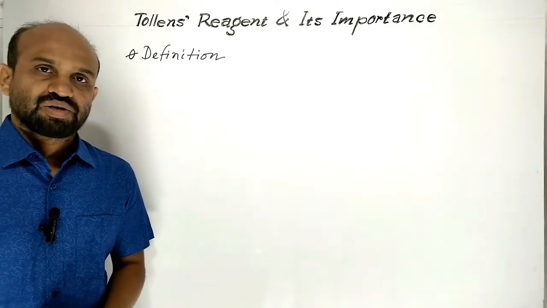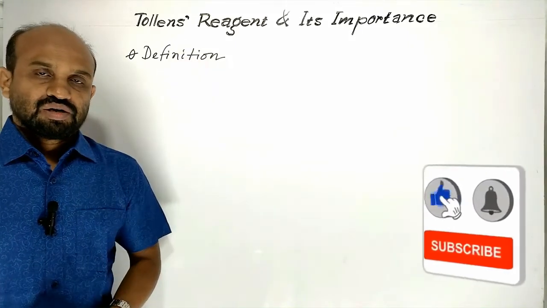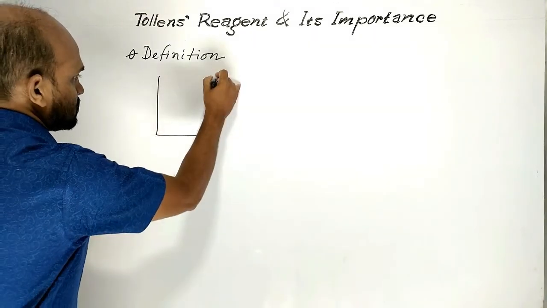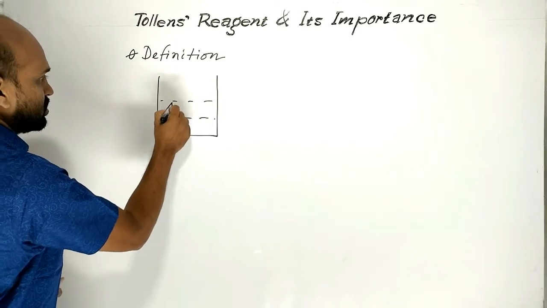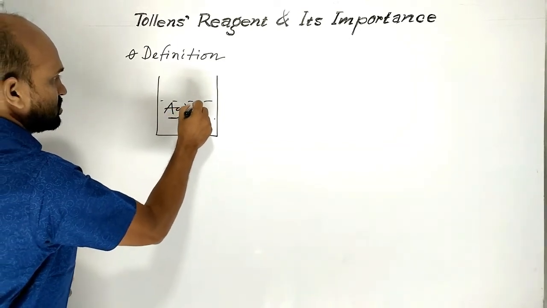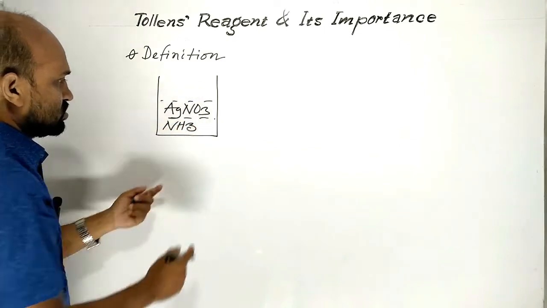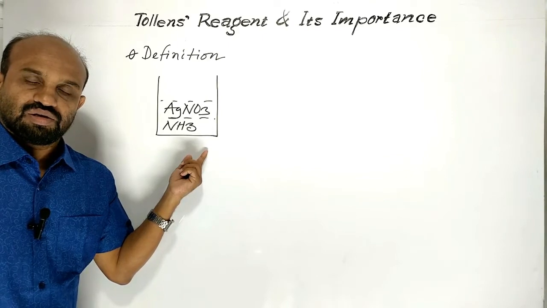The very first point is the definition of Tollens reagent. Let's look at the matter. Suppose this is the solution of silver nitrate and ammonia, which is called ammoniacal silver nitrate.